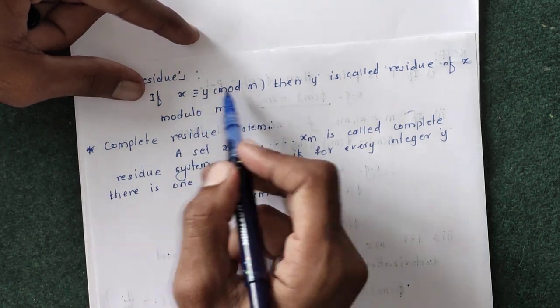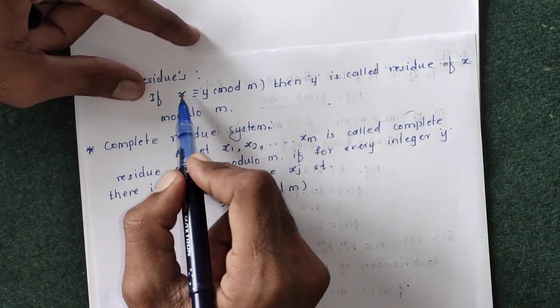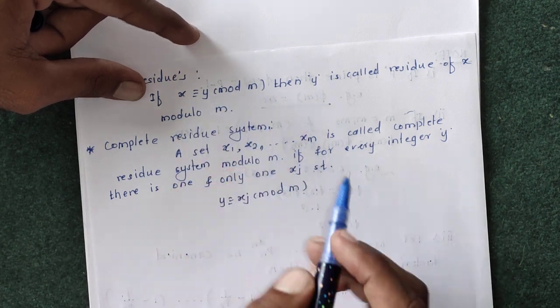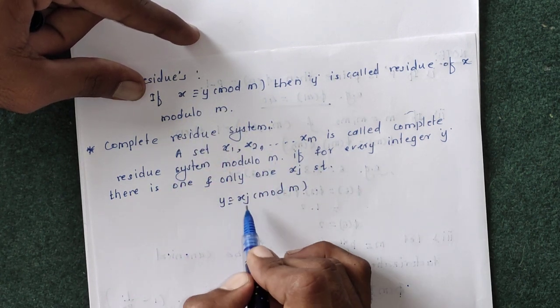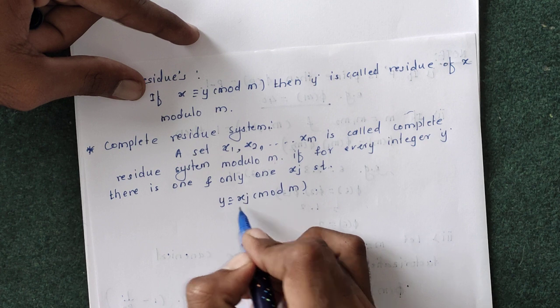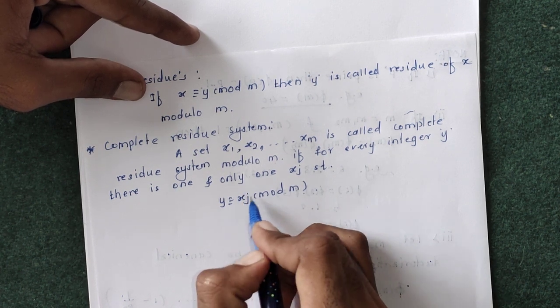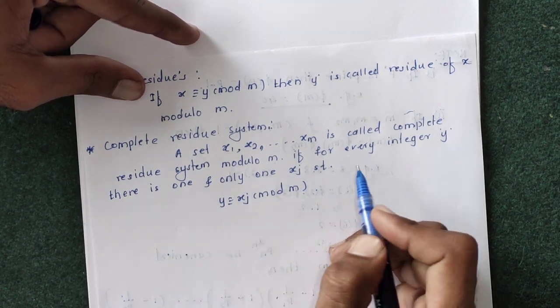Don't be confused between these notations: here we have taken x is congruent to y modulo m, and here we take y is congruent to xj modulo m. This set of all xi's is said to be a complete residue system.